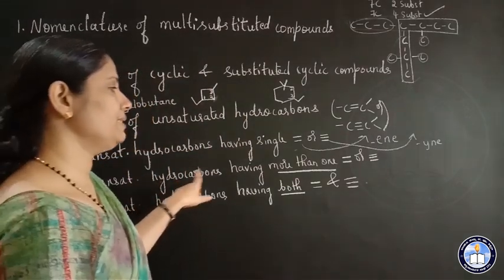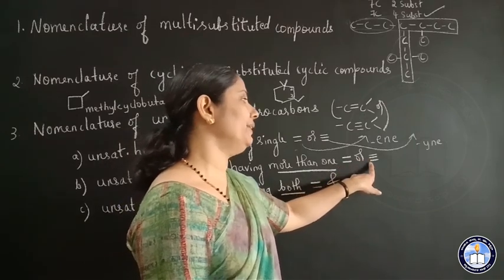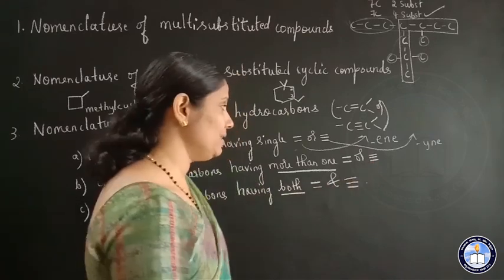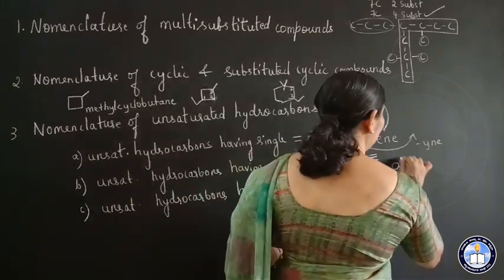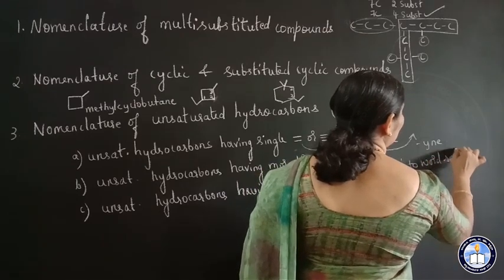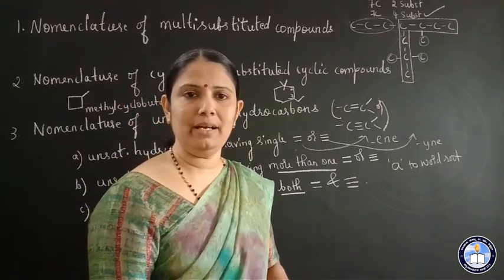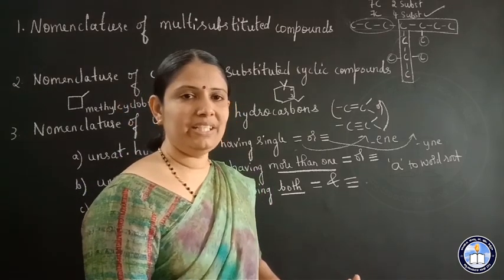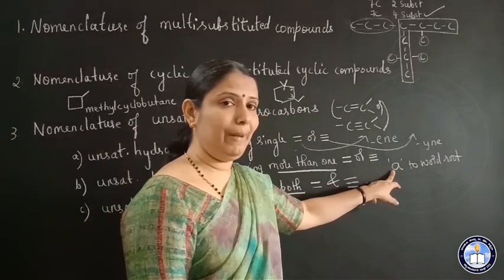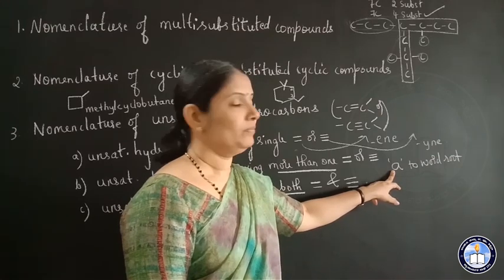Unsaturated hydrocarbons having more than one double bond or more than one triple bond. So in this case, you have to add A to the word root. Suppose if 5 carbon atoms are there in the parent chain, then the word root is pent, and you have to add A to the word root, that is penta.